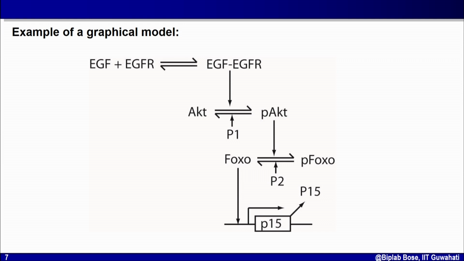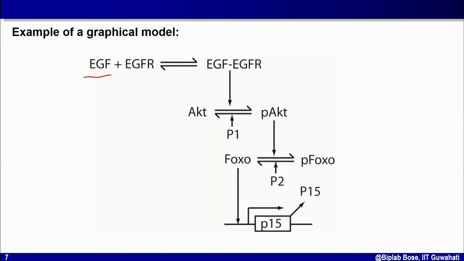Suppose we want to model how EGF controls the cell cycle. We know that in the cell cycle, cells initially remain in G1, then enter into S phase, then G2 phase, then M phase where the cell divides. This cell cycle, which controls division of the cell, is activated by a signaling molecule like EGF, epidermal growth factor.